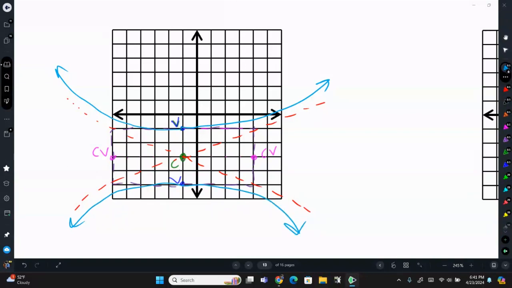So it would look like that. This is another example of how the bigger value isn't necessarily our a term. This one has a vertical transverse axis because the y is positive.